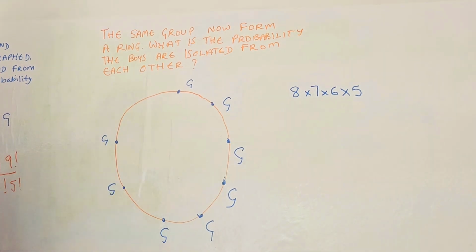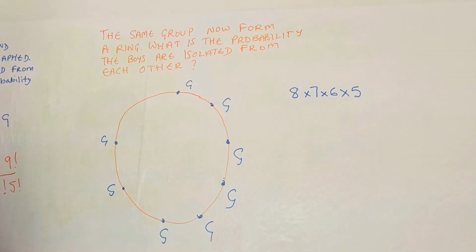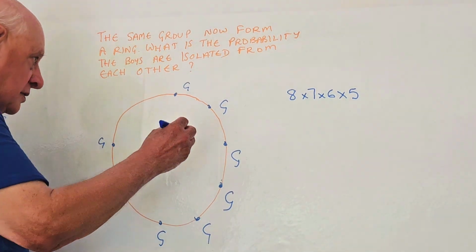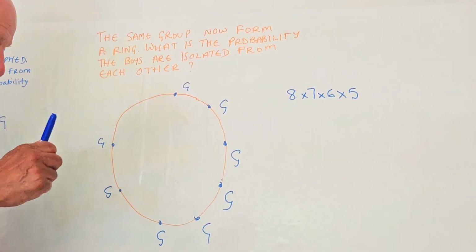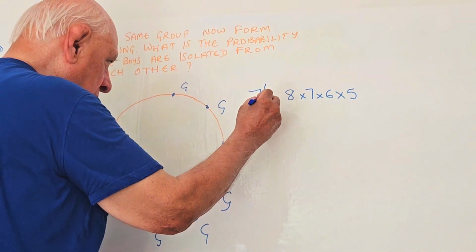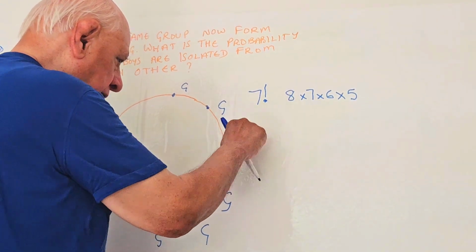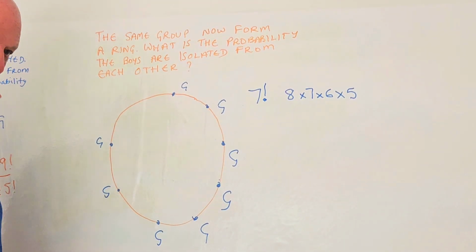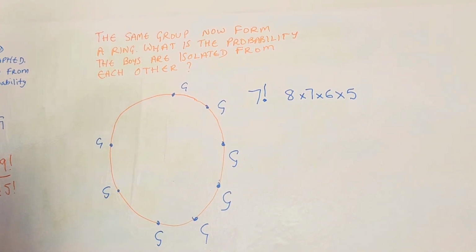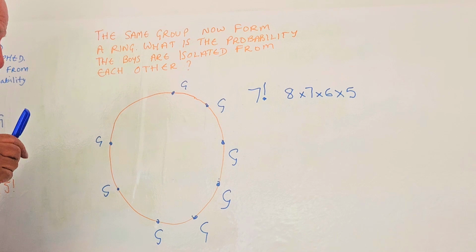For the girls, there's 8 girls there, and the number of arrangements for the girls will not be 8 factorial, but 7 factorial. Now this is a big bone of contention with some people, and I'm going to explain that properly in another video when I'm in a good mood.